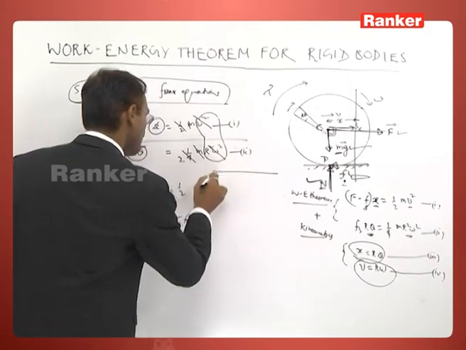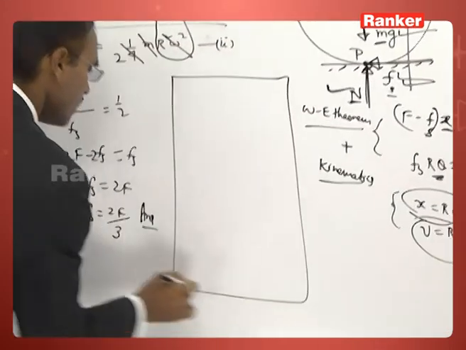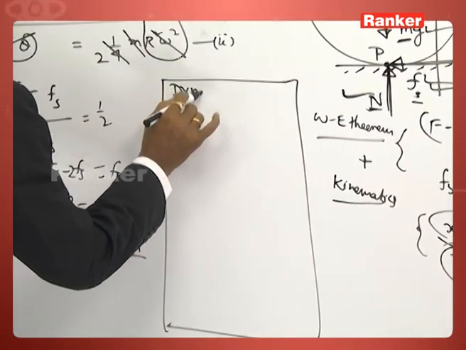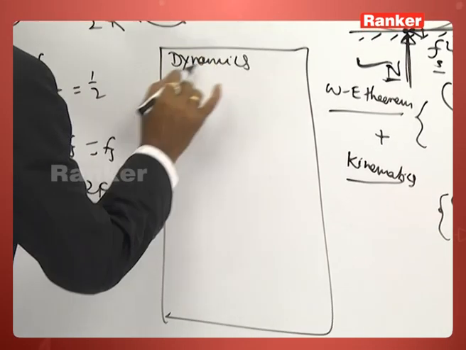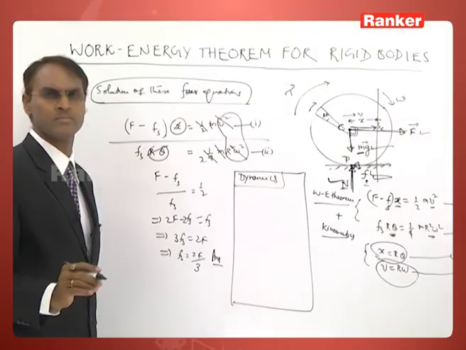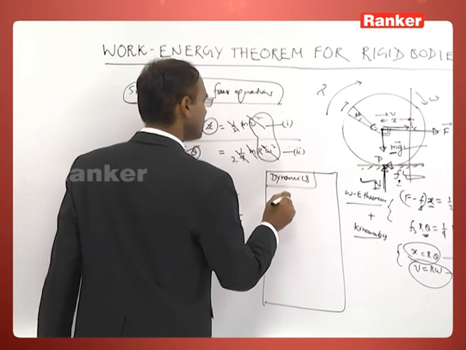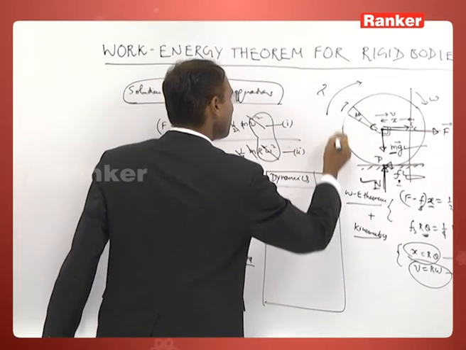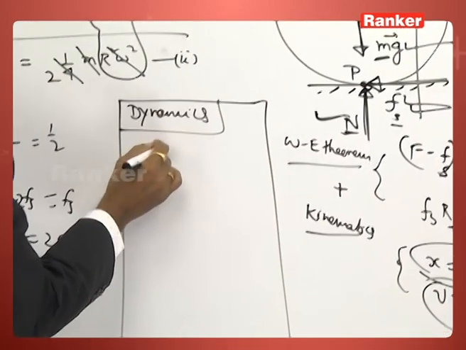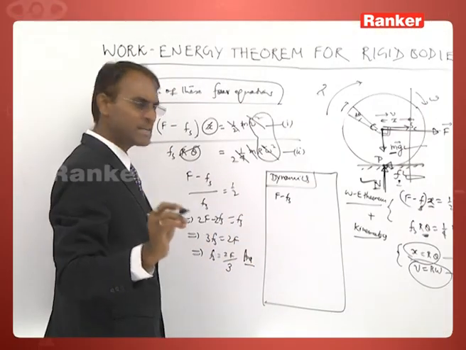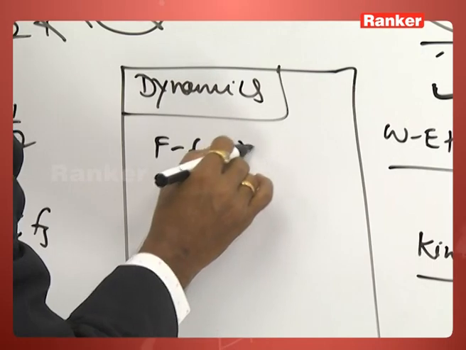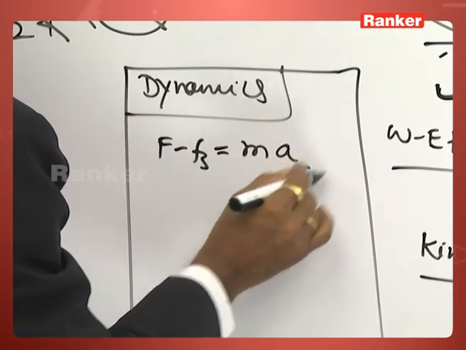Let us try this by using the dynamical method, which states that the net force, F minus Fs in the positive x direction, is equal to mass times the acceleration of the center of mass.